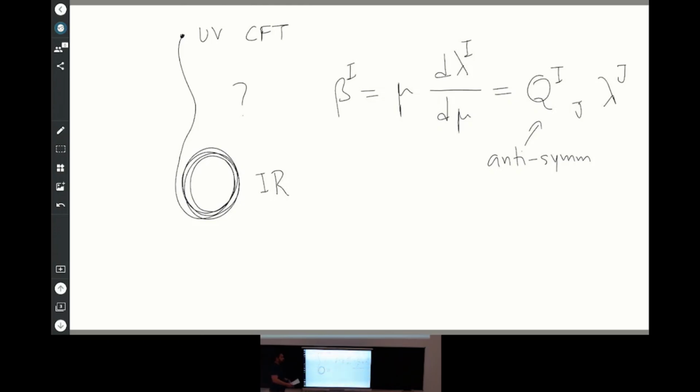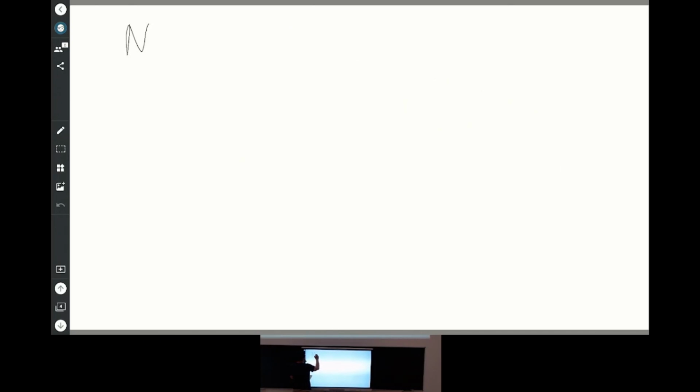And usually these statements amount to monotonicity theorems. The more popular of those is the C theorem in 2 dimensions, proven some time ago by Zamolodchikov. But they come generally in different flavors.